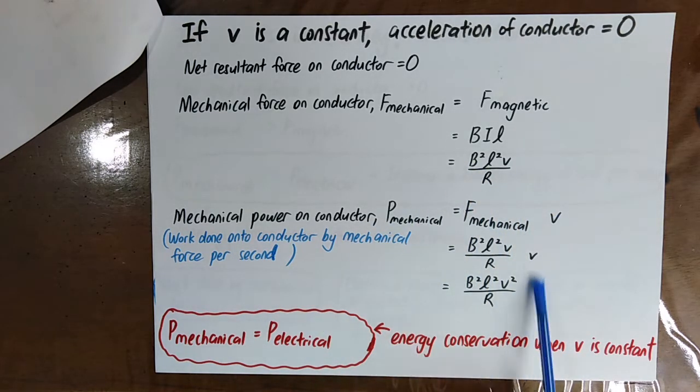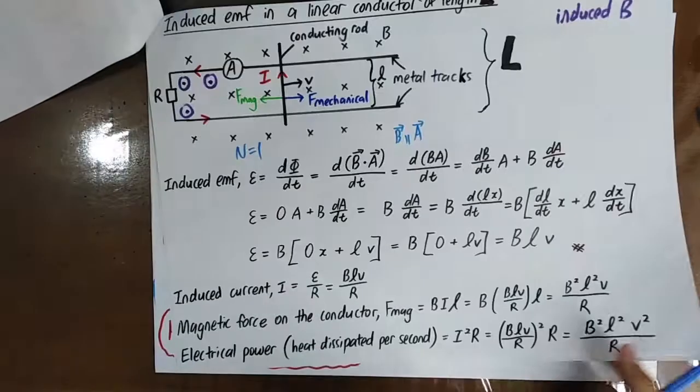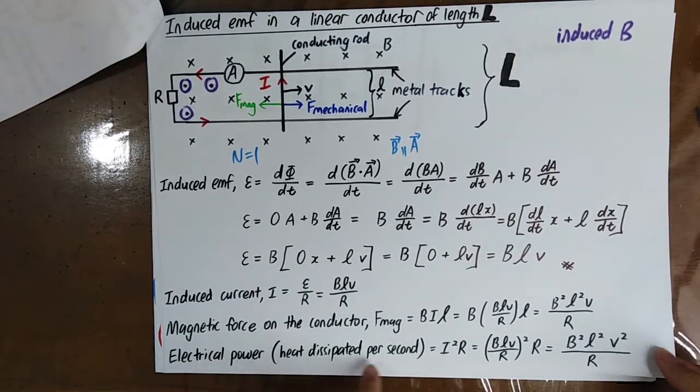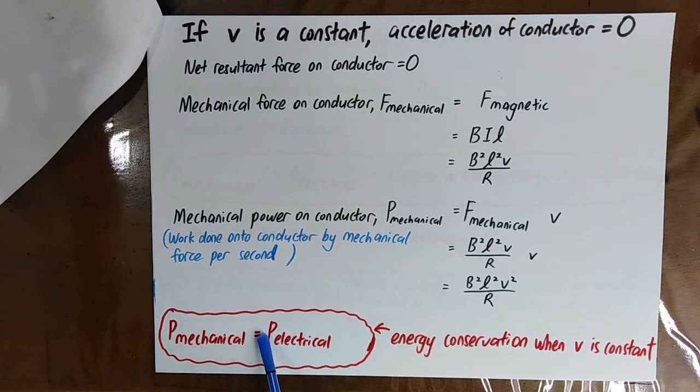This expression is exactly the expression of the electrical power. So when v is constant, the mechanical power is equal to the electrical power. So the work done by the mechanical force is equal to the heat dissipated by the resistor, because electrical power is the heat dissipated here.